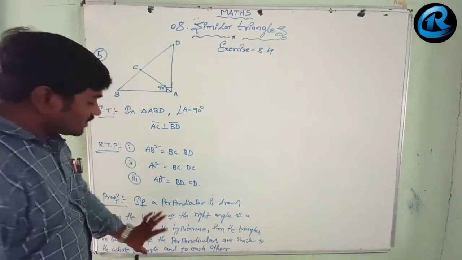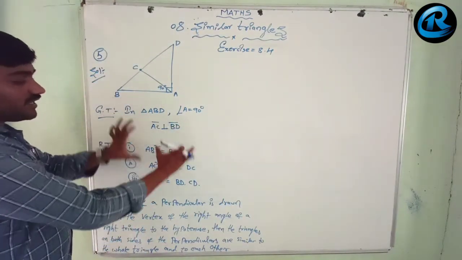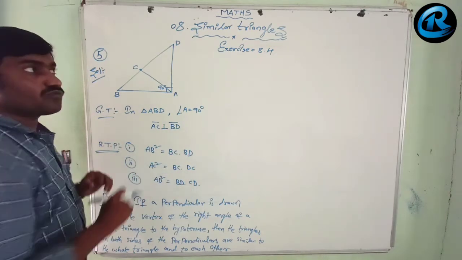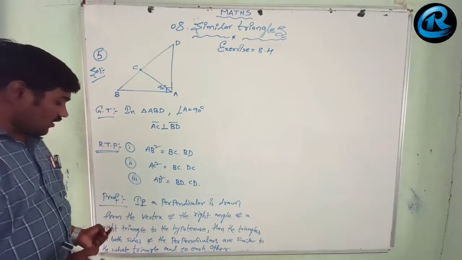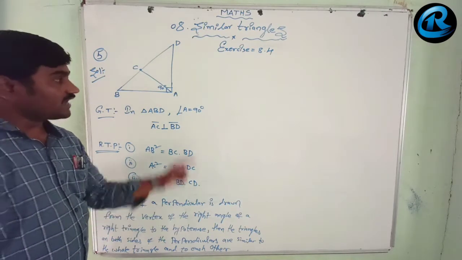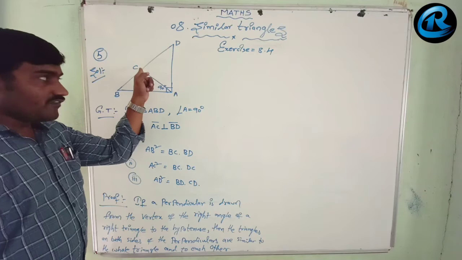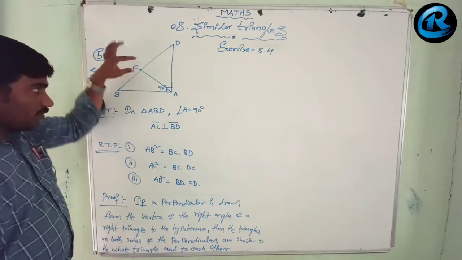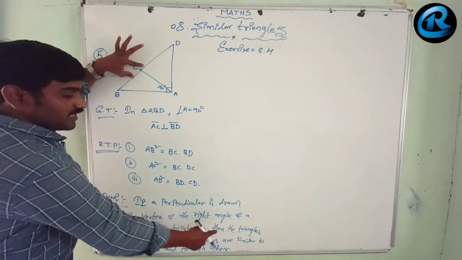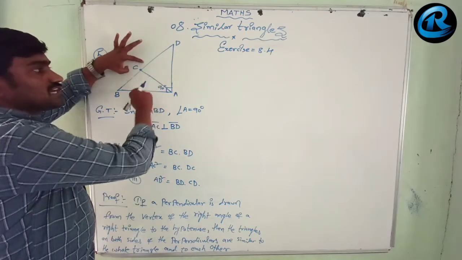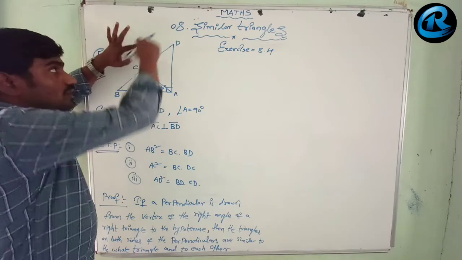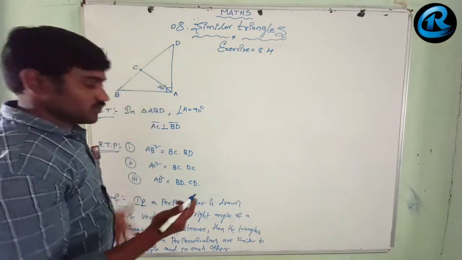So by using the theorem, the given RTP is 3 proofs, we have to prove it, and this is the theorem we are going to use. If a perpendicular is drawn from the vertex of a right angle triangle to the hypotenuse, then the triangles on both the sides of the perpendicular are similar to the whole triangle and they are similar to each other.